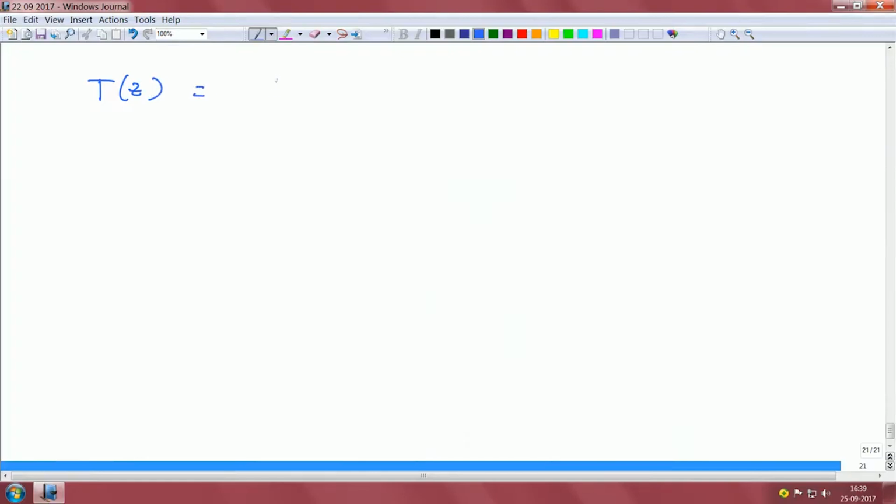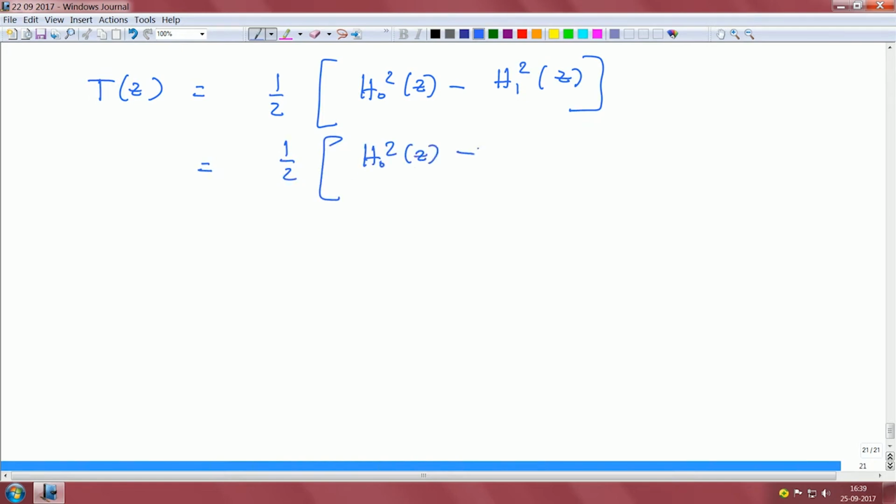Now, the distortion function in this case is easy. T of Z is basically 1/2 of H naught square Z minus H1 square Z. We can simplify this as 1/2 of H naught square Z minus H naught square of minus Z. So, in terms of one base filter H naught of Z, we can get the distortion function for a quadrature mirror filter bank.